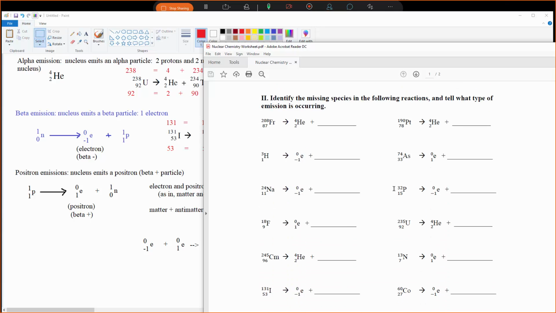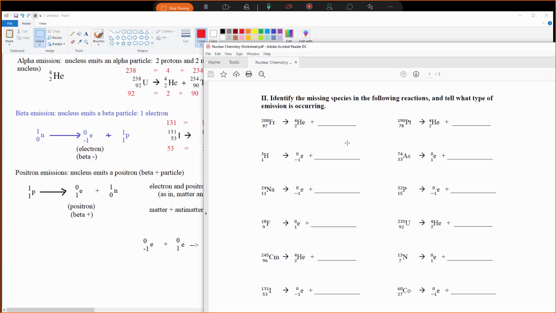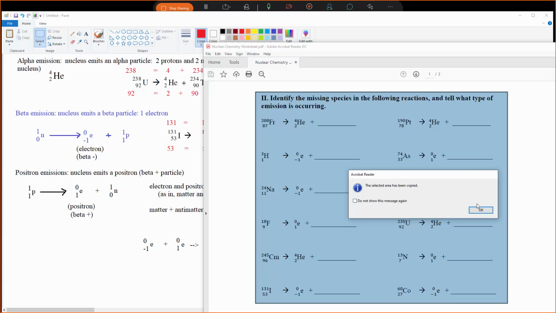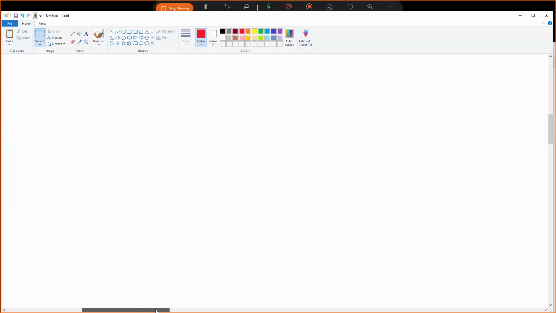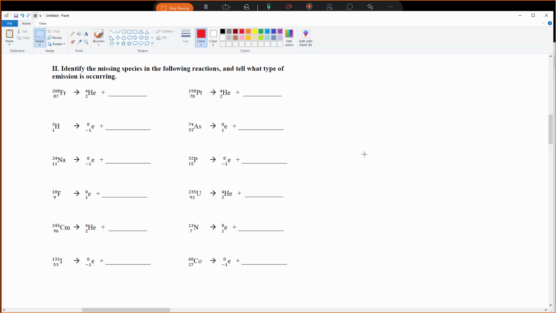And then this section is what we're going to do today. It is identifying what kind of emission is occurring and filling in the blanks. Now, each of these is either beta, alpha, or positron. So just the three that we have already covered, right? But if I take away your little cheat sheet here, can you remember, can we fill in the blank?